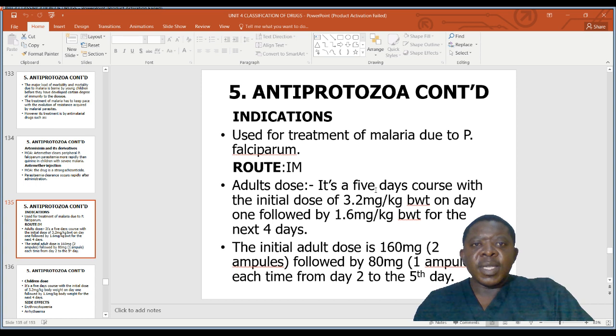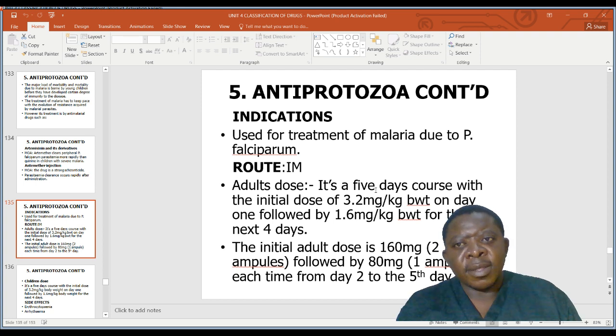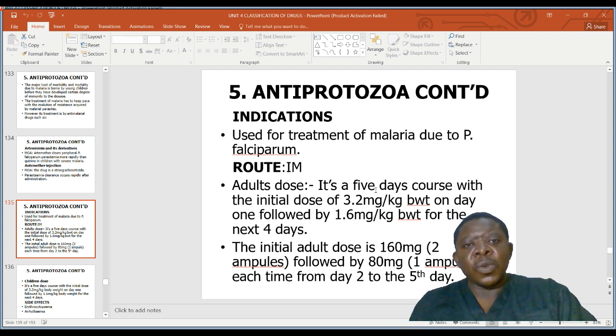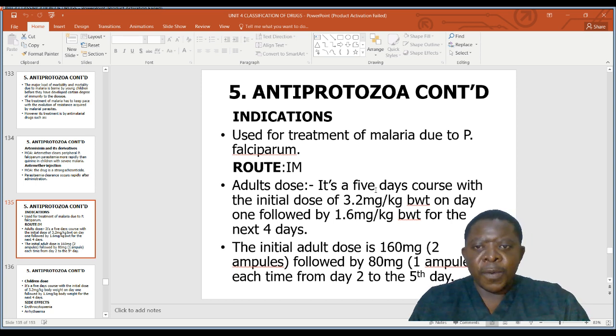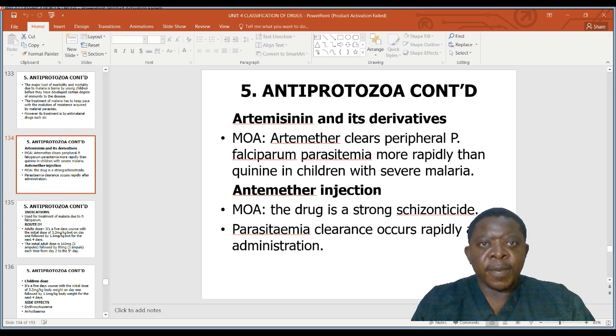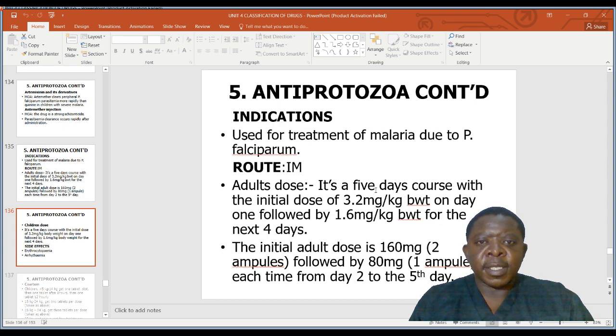So the indication is treatment of malaria due to Plasmodium falciparum, and it's given mostly for emergency or severe management of malaria. So you may need to use artemether injection in managing severe malaria.